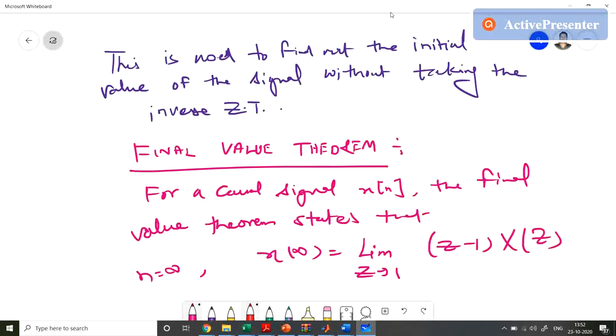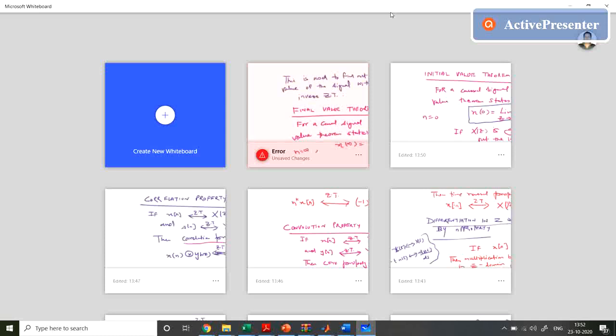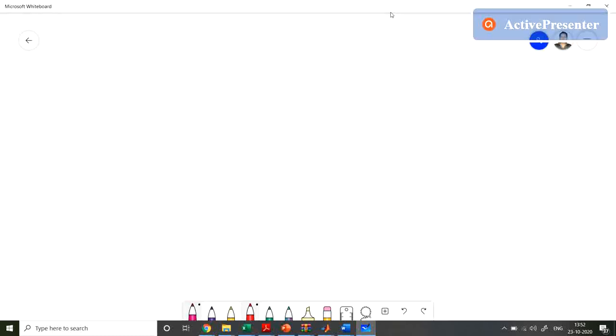This property is called the final value theorem. The important point is that without taking the inverse Z transform, we can find the final value.